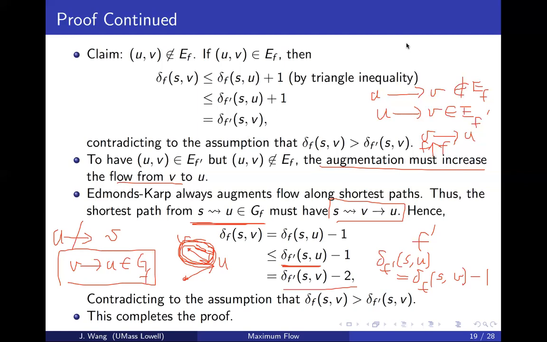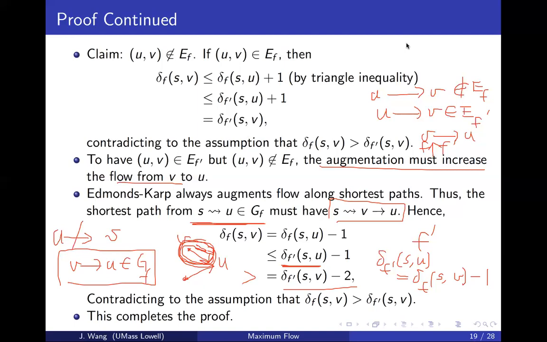So that means that delta F SV is greater than delta F prime SV. Sorry, less than, right? Because this is equal to something minus 2.